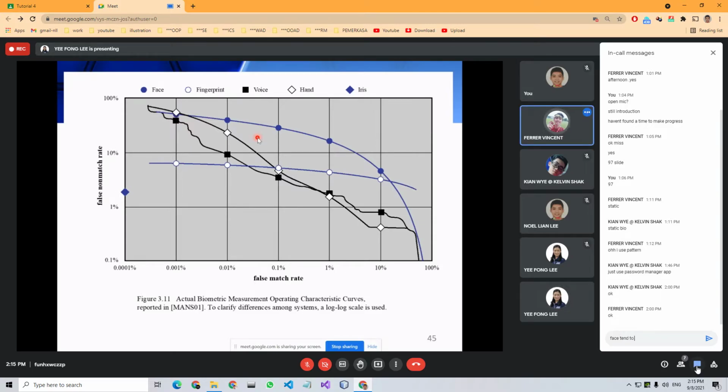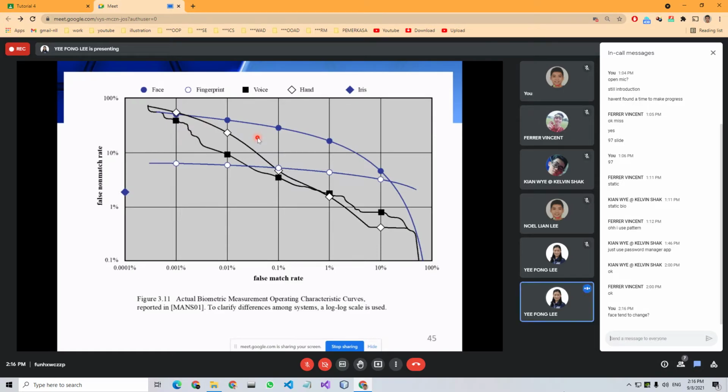Anyone? Maybe it's hard for the camera to detect the face, I think. Yes, maybe our face sometimes, if you don't smile like this, if you smile like this, laughing is different too, maybe right? How about Noel and Kevin? What's your opinion?